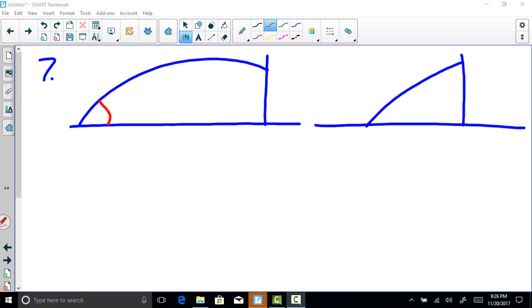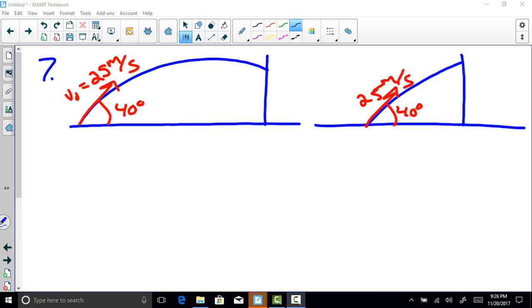Some things that we know: we throw the ball at 40 degrees, and the initial velocity of the ball is 25 meters per second. We also know that we are at a distance of 22 meters away from the wall.